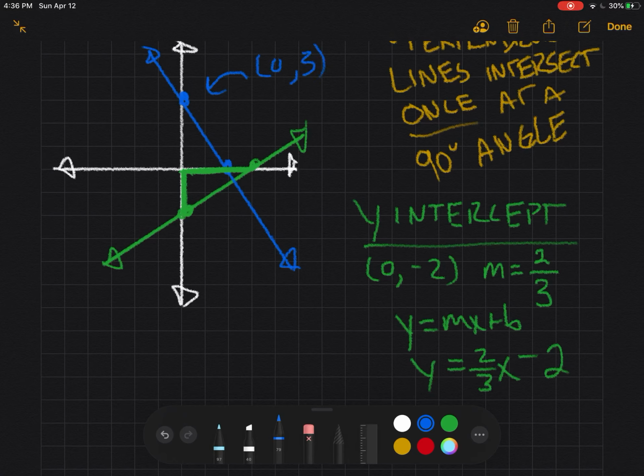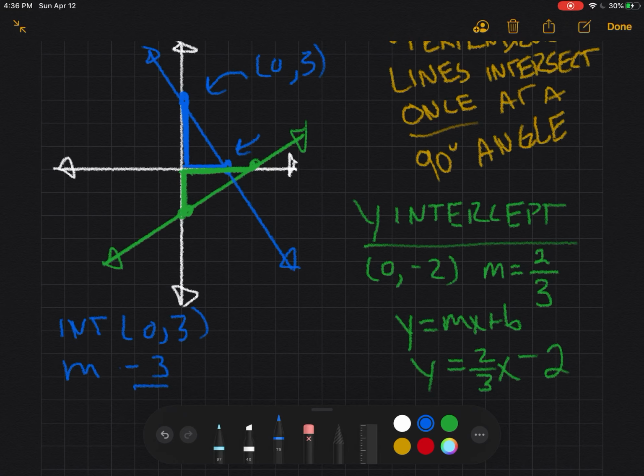Let's do the same thing for our blue line. Let's find first the y-intercept. That's this guy right here, and to me, that looks like the point (0, 3). And we want to go to this next point and calculate what the slope is. The change in the y direction is negative. I can see I'm going down 3 and then +2.